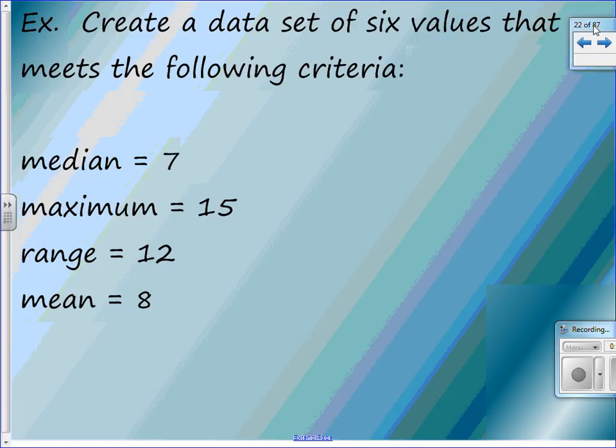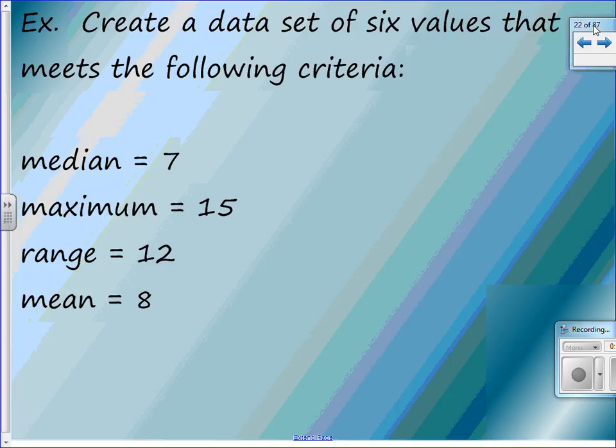So they tell you that there are 6 values, so you're looking for 6 data points. You know the median, you know the maximum, you know the range, and you know the mean, and you have to find the 6 data points which satisfy all these 4 requirements. All right, so it's kind of like a puzzle.